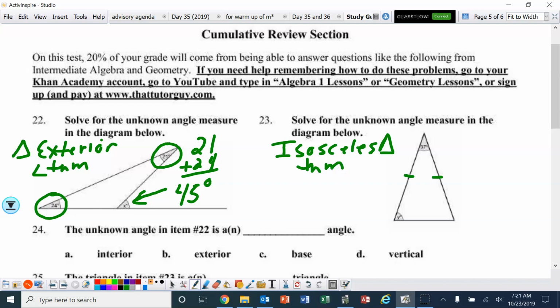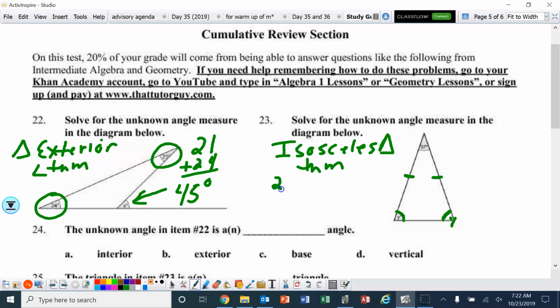So that means this angle and this angle are the same measure, because these two sides are the same length. I'm going to label this one as y.